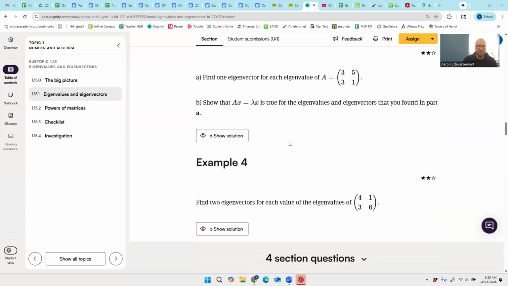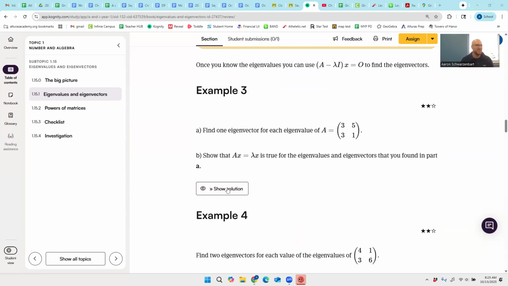So find one eigenvector. The first step in finding an eigenvector is finding the eigenvalues. So these are what we got when we did the eigenvalues. Now, an eigenvector. We had this for what's sometimes called the characteristic matrix, I think.